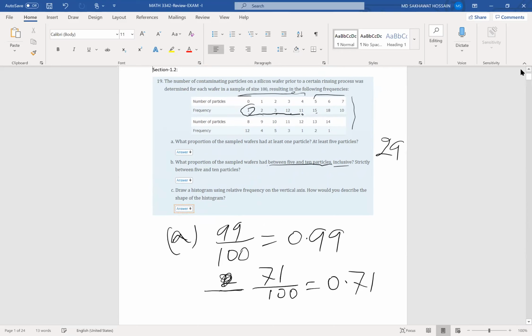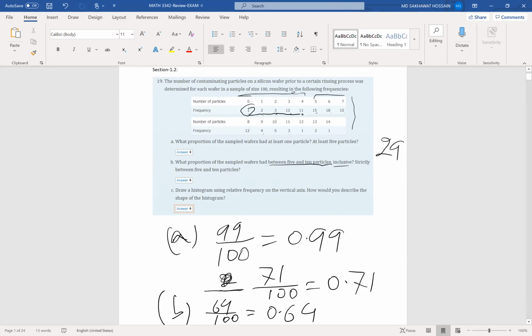This is 15 plus 18, so it's 33, plus 10, 43, plus the frequency 12, so it's 55, plus 4, 59, plus 5. So it's 64.